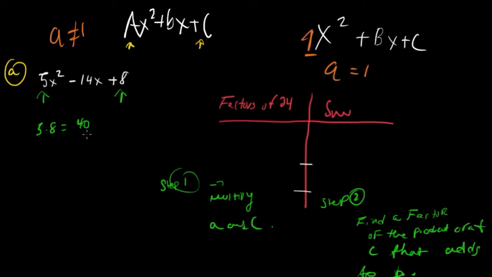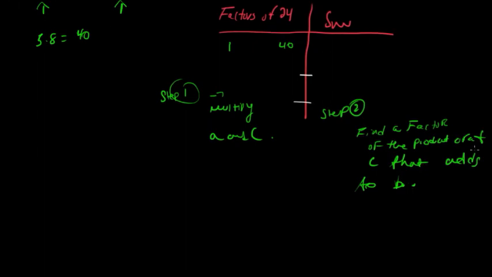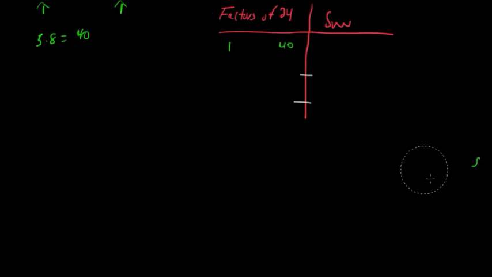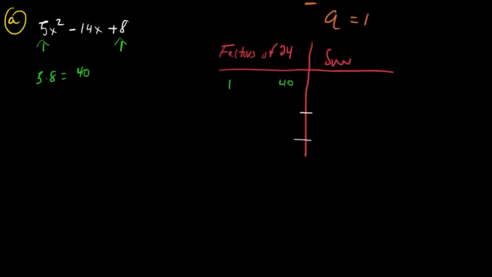Okay, well, let's go ahead and do that here. The factors of 40, well, we have, let's see, we have 1 and 40, of course. I'm going to go ahead and erase the steps from right here, because I'm going to run out of space listing these factors. So the factors of 40, we have 1 and 40.